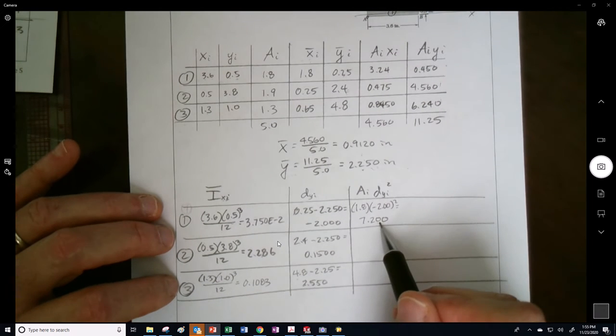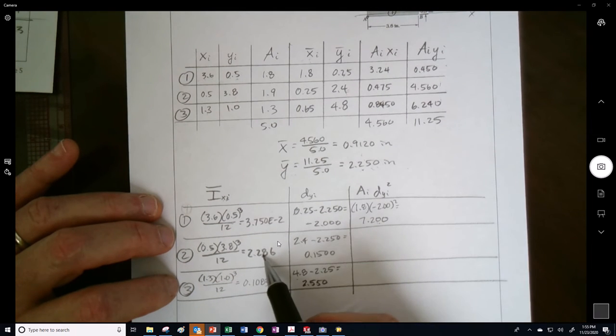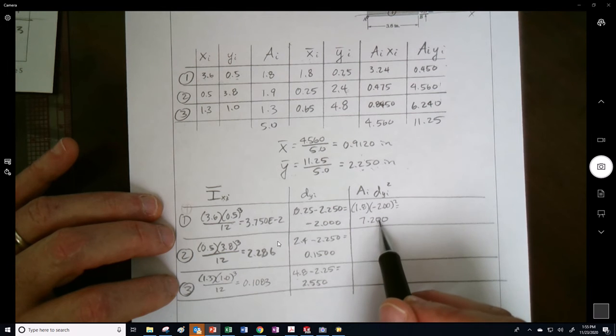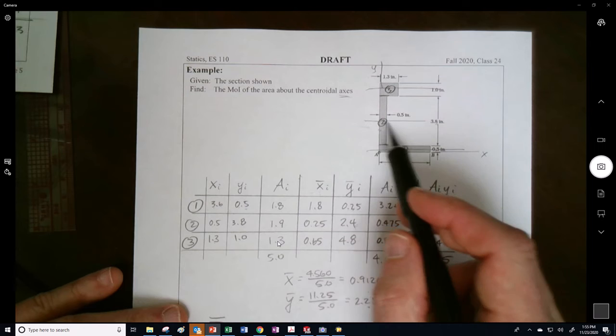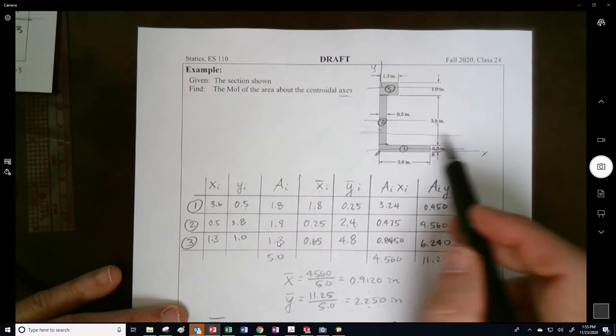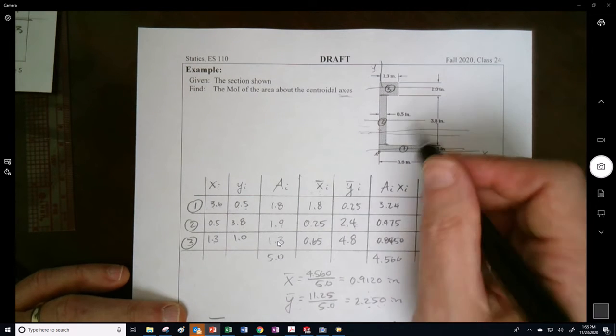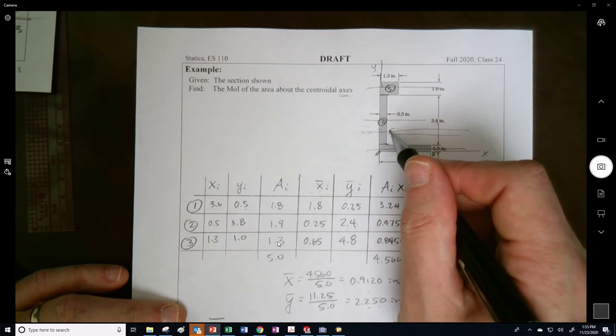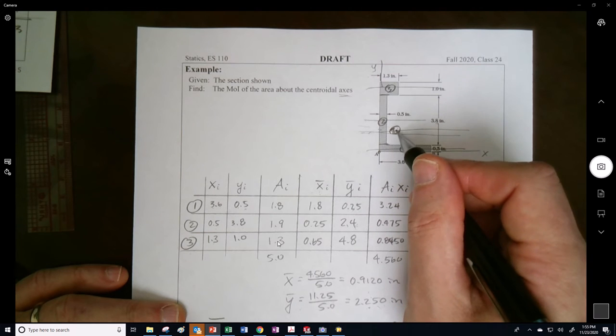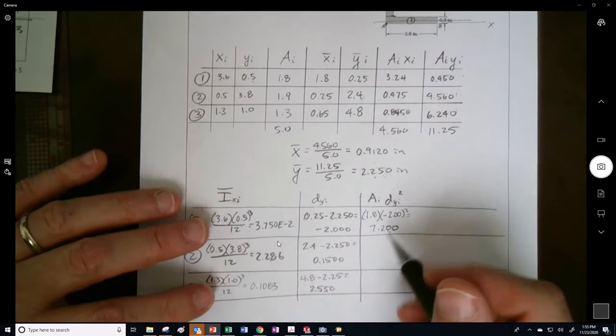So that's a pretty large number. Right? Think about it compared to that, right? So so far this guy's really winning, and it's really because of the distance this thing is away from the neutral axis. I'll estimate a neutral axis is somewhere right in here, right? That's sort of where the centroid is passing right in there.